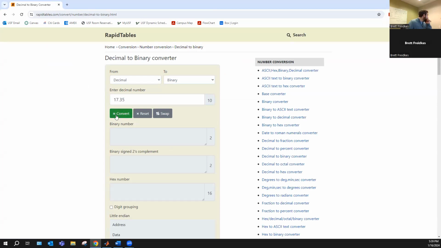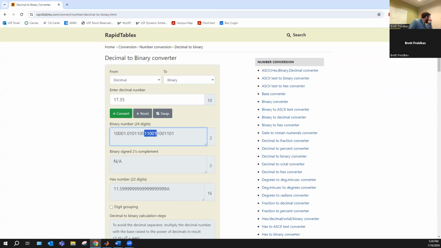If we convert that, 10001, that was our 17. Then 01011000, and then it looks like we repeat 1100, 1100, 1100, etc. That's just because we cannot finish what we started, because this was a bad number choice. They just kind of chose that arbitrarily.